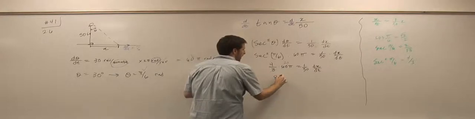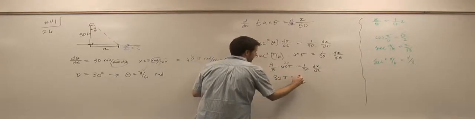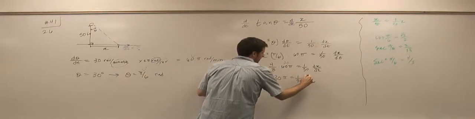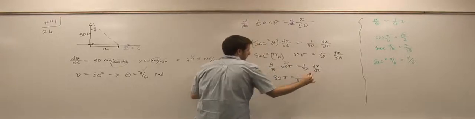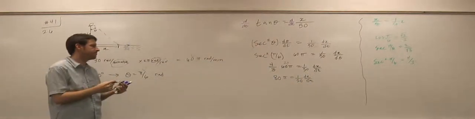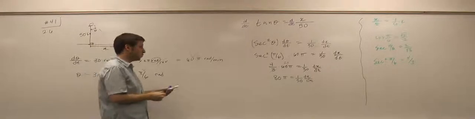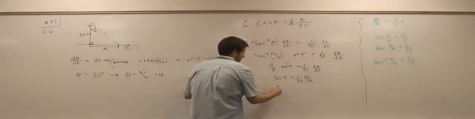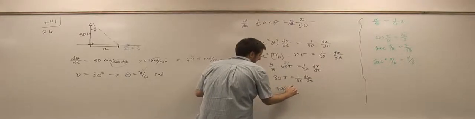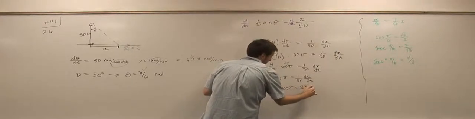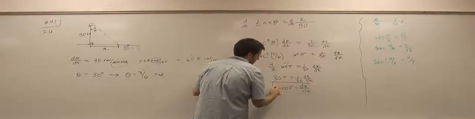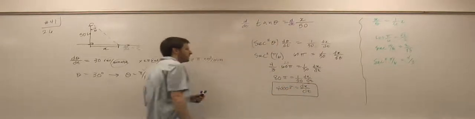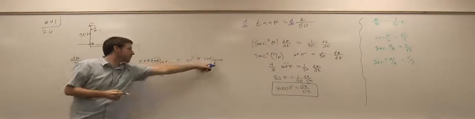So 80π equals 1 over 50 dx/dt. Multiply the 50 up. 4,000π. 4,000π feet per minute, since these were in per minute.